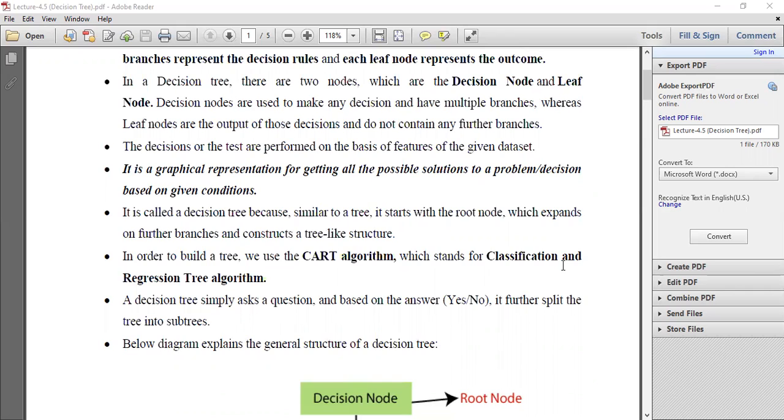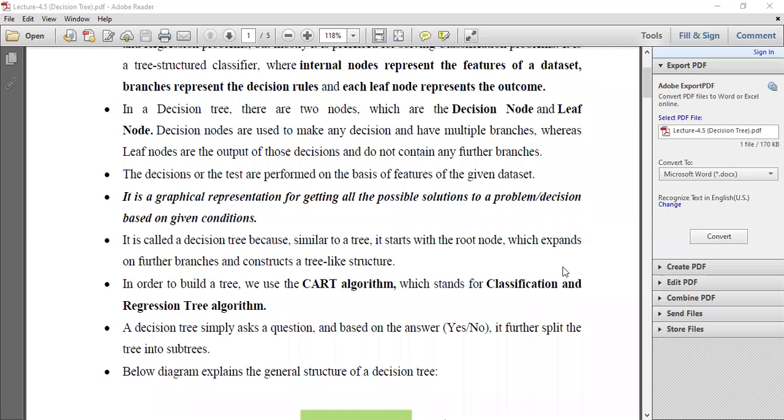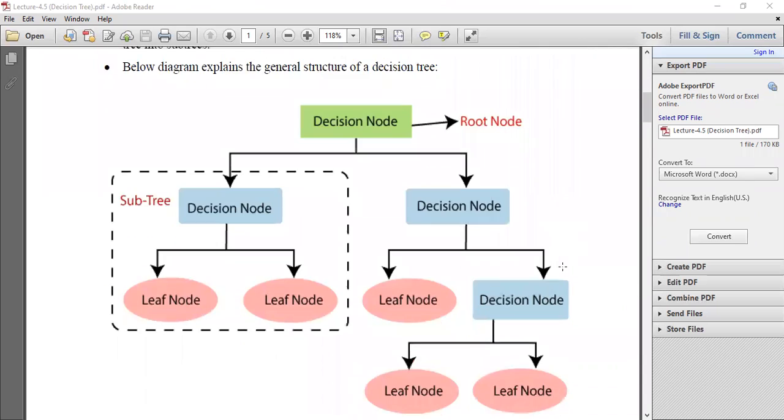A decision tree simply asks a question, and based on the answer, yes or no, it further splits the tree into subtrees. So this is the diagram, this is the main decision node, and this is the decision node.